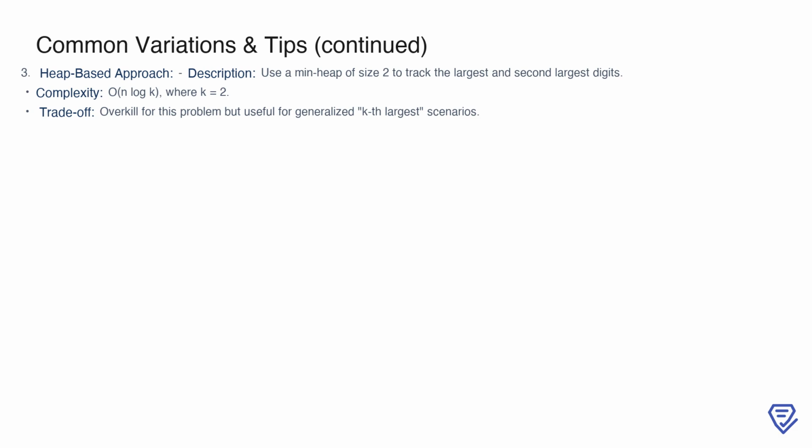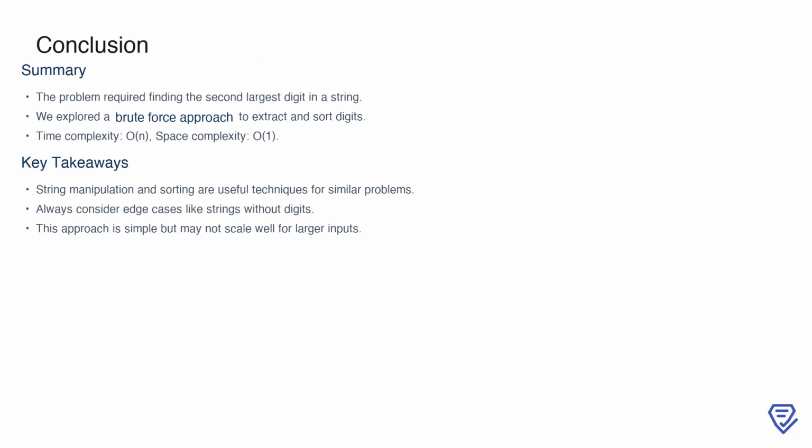However, understanding the heap-based approach can be valuable if you're working on problems where k is variable or much larger. It's always good to know multiple strategies, but remember to choose the one that best fits the problem's constraints and requirements. Great job! We covered the problem, broke it down into manageable steps, and discussed its complexity.